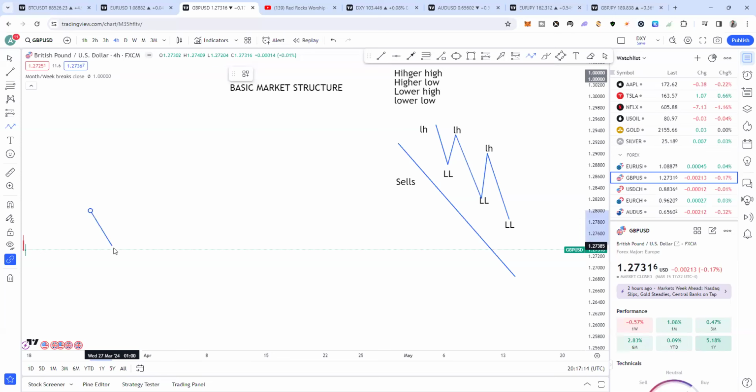So you have something that looks like this. And then you notice that we have a new high. And before you take your buy, you wait for price to come into the higher low. So this is what you normally have. Price will come into the previous low, and then create a new high.